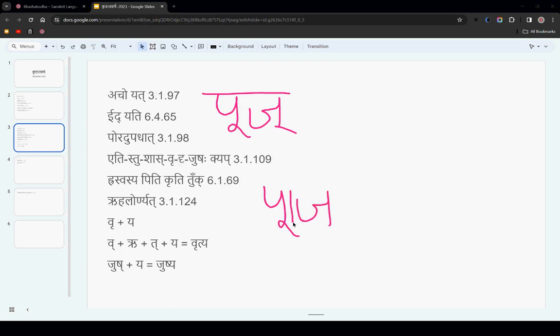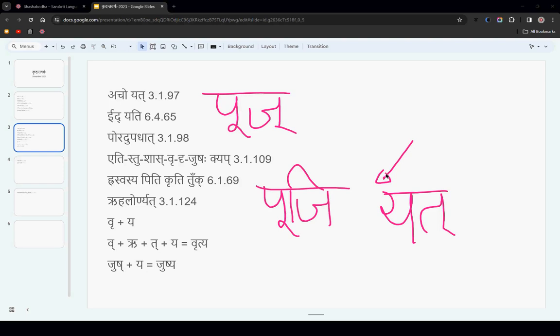So puji bhavati. Puji. So now this is the base dhatu, which is now ready for the process, ready for the prakriya. Iti karanat, puji is an ikarant ach. So here yat comes into picture because puji.